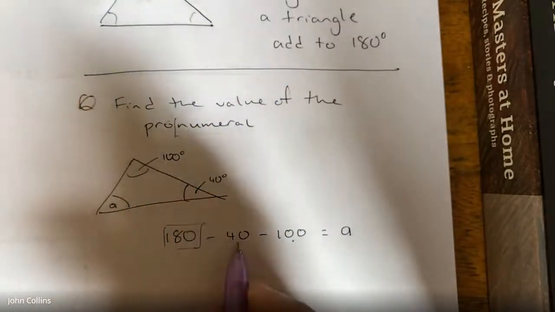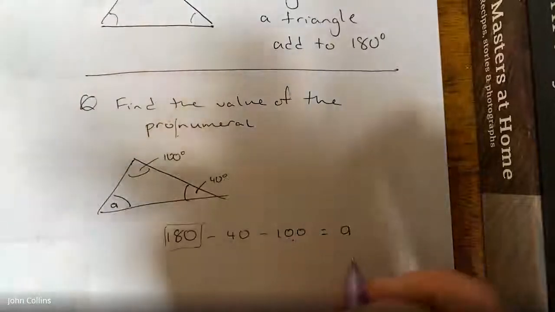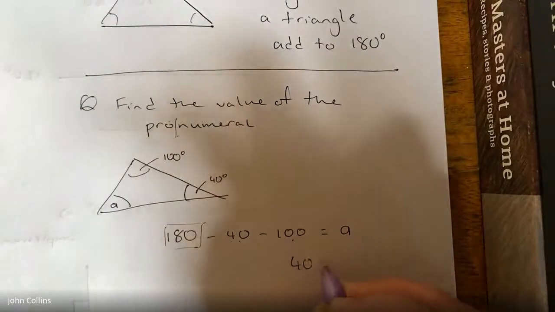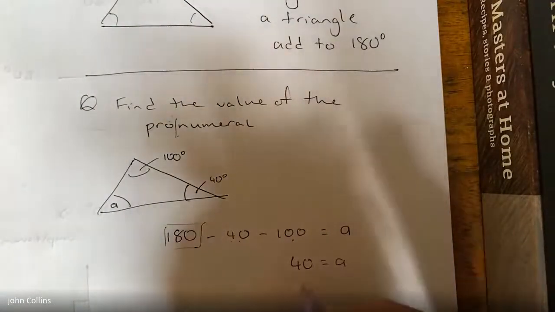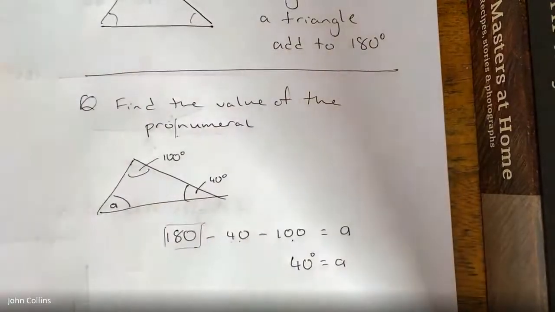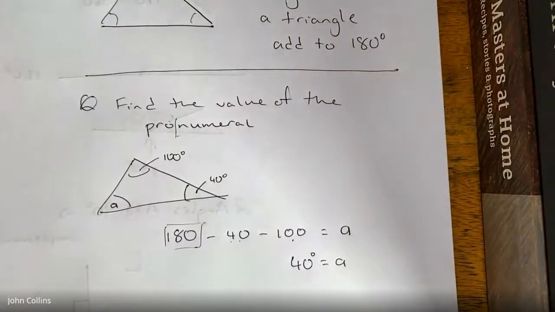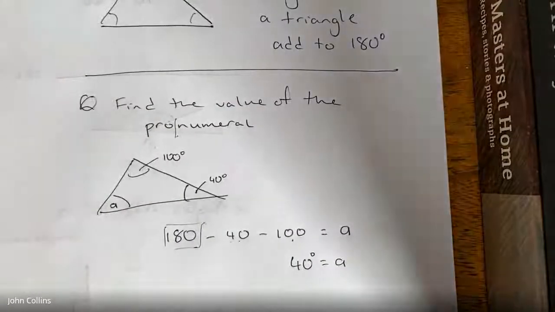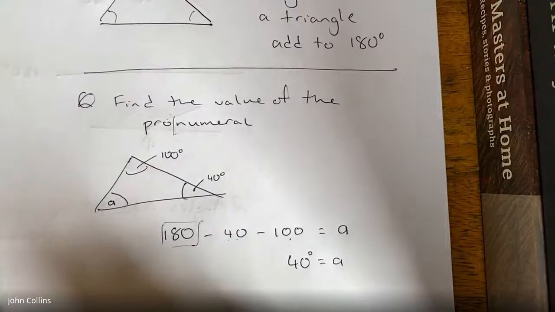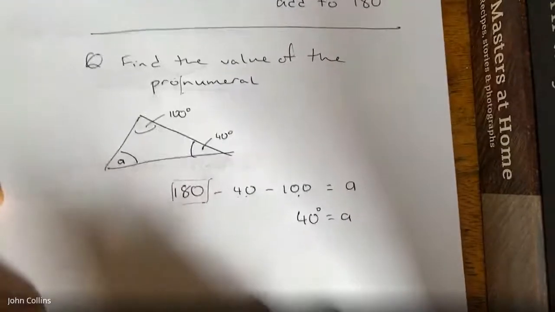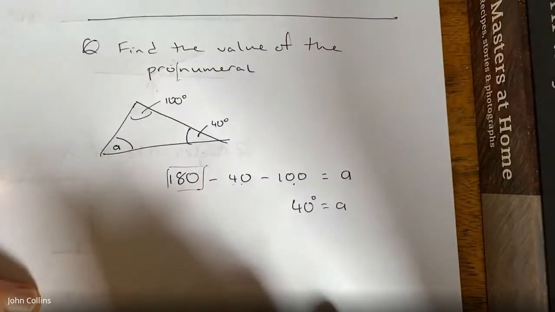So 180 take away 40, take away 100 gives me an answer of 40 degrees. So put a little degree sign there. Hopefully you know what a degree sign is. So that's a simple example of a question, and it would be kind of green level, to try and find a missing pronumeral.